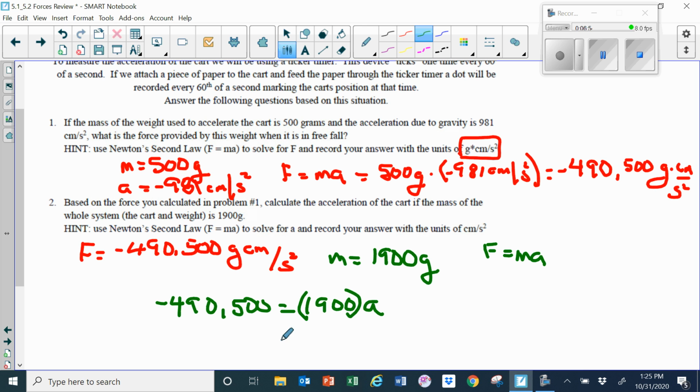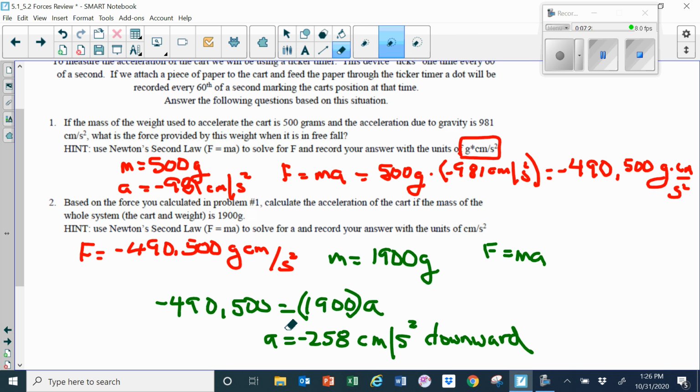If we divide these two, we get an acceleration of 258 centimeters per second squared. By the way, this is going to be negative, because it's accelerating downward. The negative makes that downward. So that becomes 258 centimeters per second squared downward.